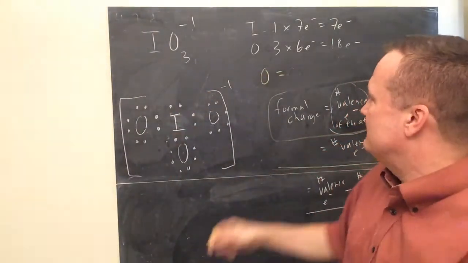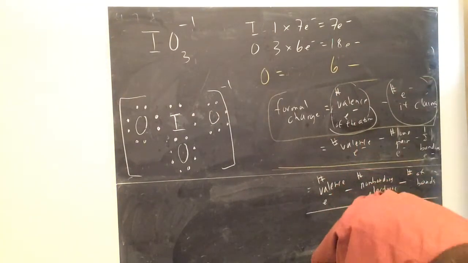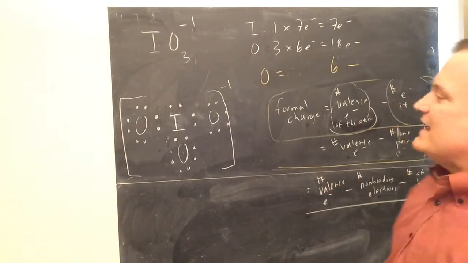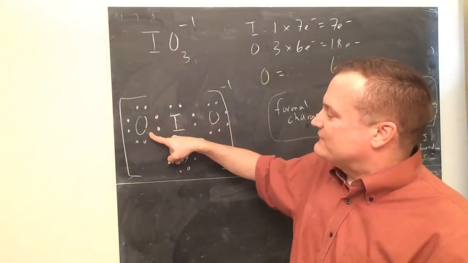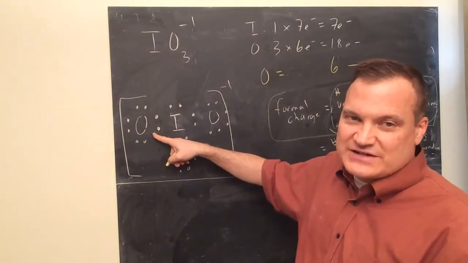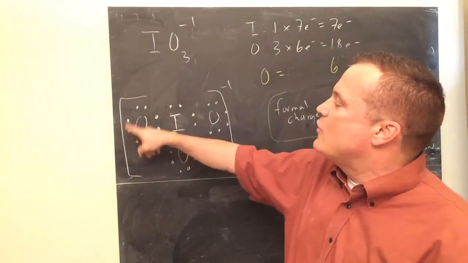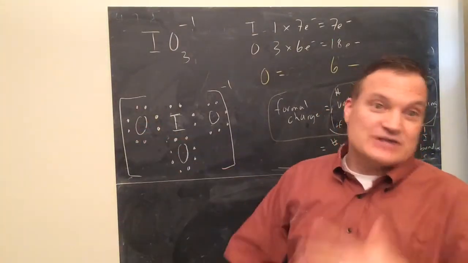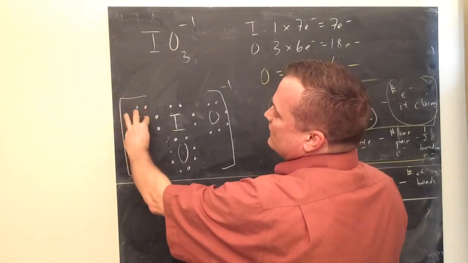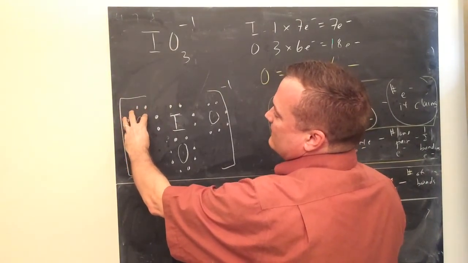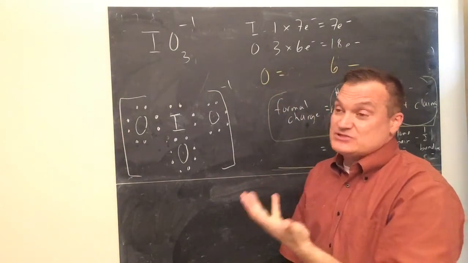So 6 valence electrons minus the number of electrons it claims. Well, here's a simple rule. An atom in a molecule can claim, for formal charge, all the lone pair. Lone pair only belong to that atom. They're not shared. These are part of the core, even though they might be in the valence area, but they can't be shared.